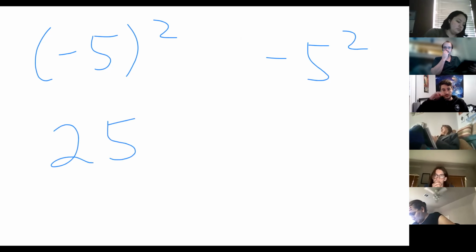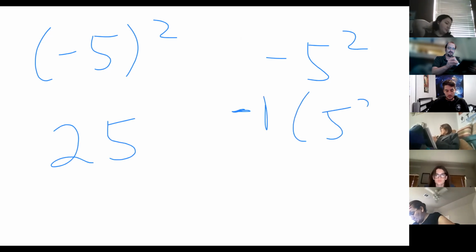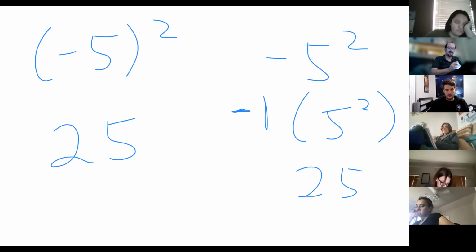And on the right, it's going to be a negative times a positive is a negative. So it's sort of like there's a -1 happening there, and then we're doing the 5 squared separately. The 5 squared is getting me a 25, and that negative is kind of tagging along on the outside.